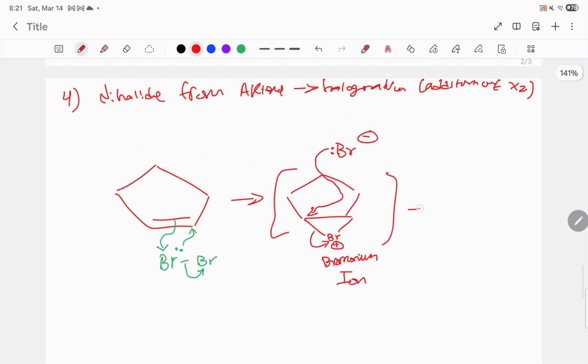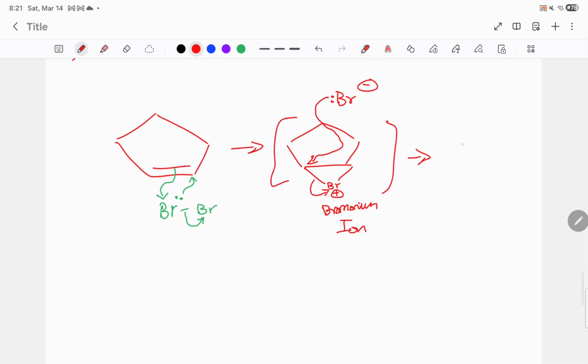And so now what that's going to do is create this molecule, where one bromine is pointing up on the ring, and the other is pointing down on the ring.